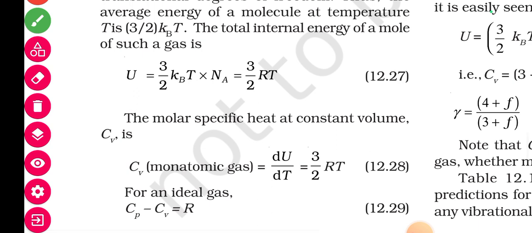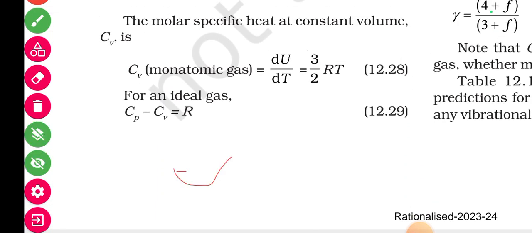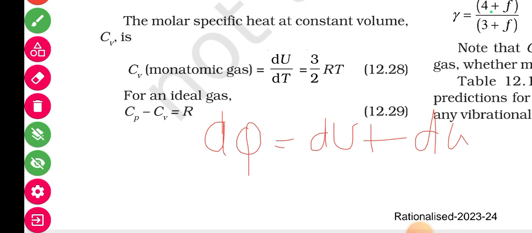Now for the molar specific heat capacity at constant volume, Cv, what is Cv? I'll explain it in detail. Suppose heat dQ is given, it will be used as dU plus dW. For constant volume, the work done is 0, so dQ is equal to dU.